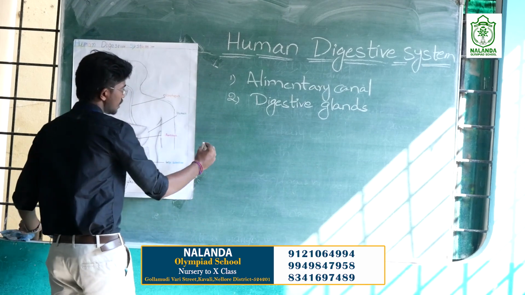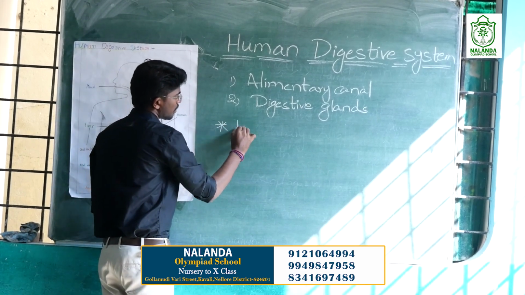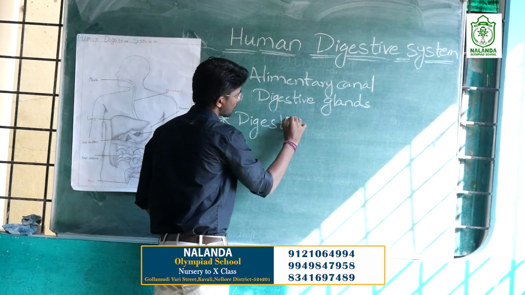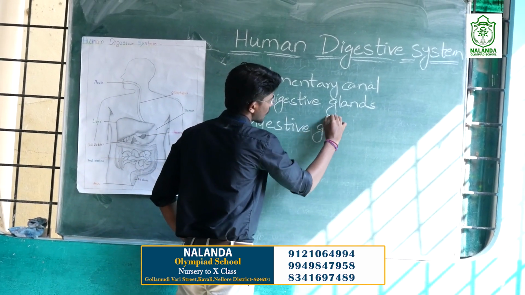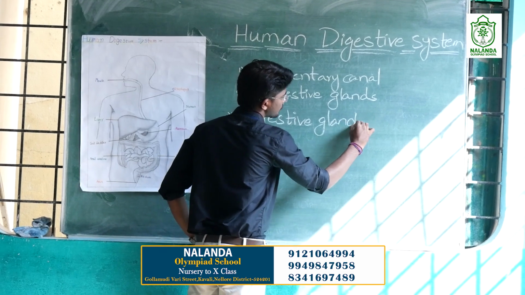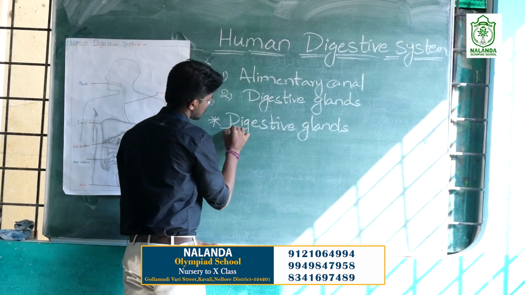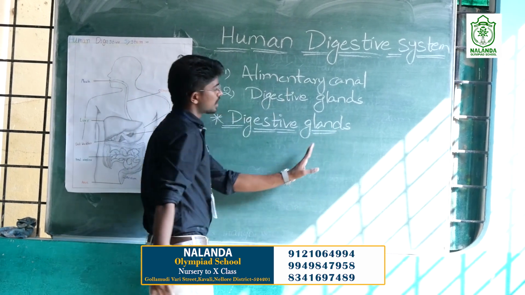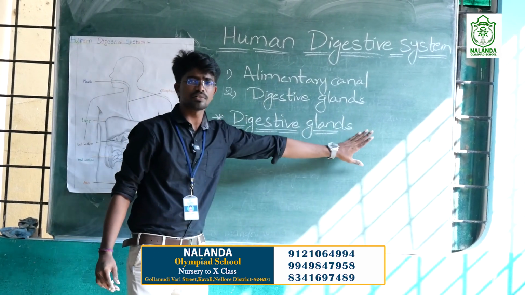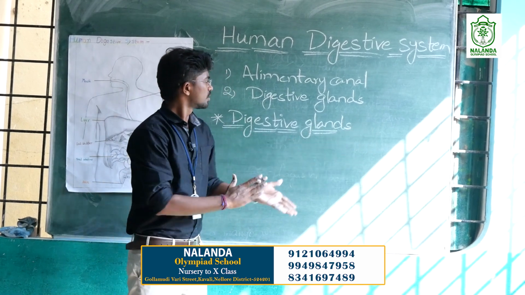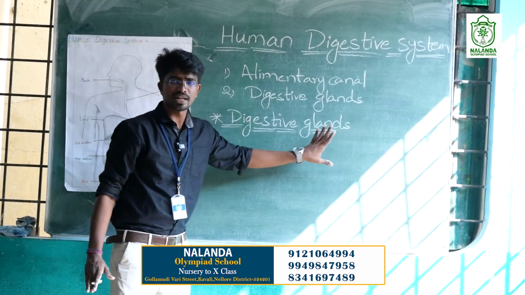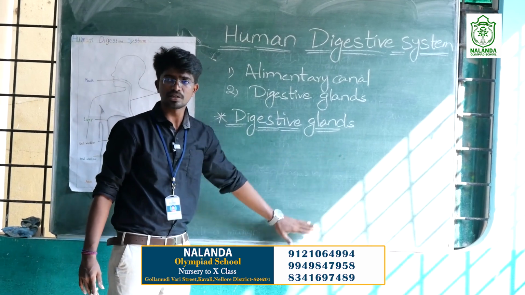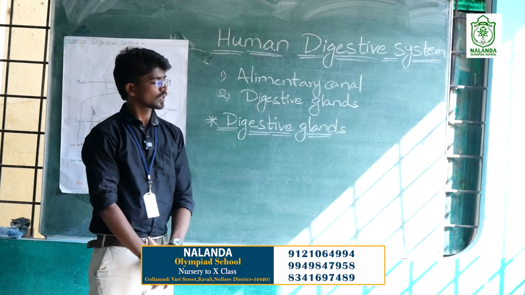So next one, digestive glands. Children, these glands are associated with the alimentary canal, and they contain several enzymes which help in the conversion of complex substances into simple ones.